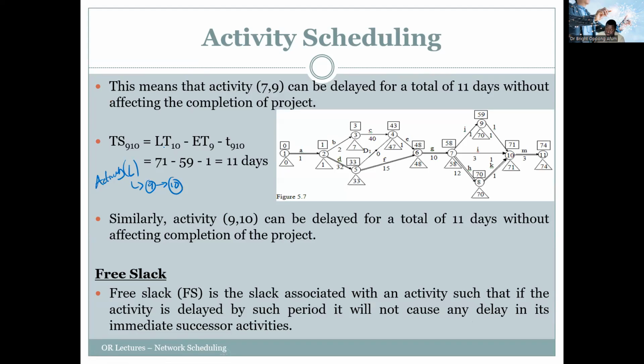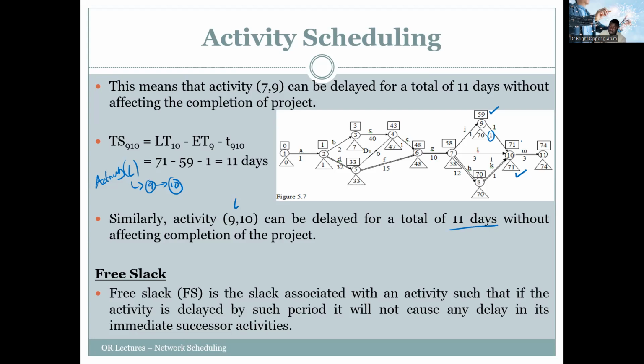So the latest time for node 10 minus the earliest time for node 9 minus the activity is given by 71 minus 59 minus 1, and that also gives us 11 days. Similarly, activity L can be delayed for a total of 11 days without affecting the completion of the project.